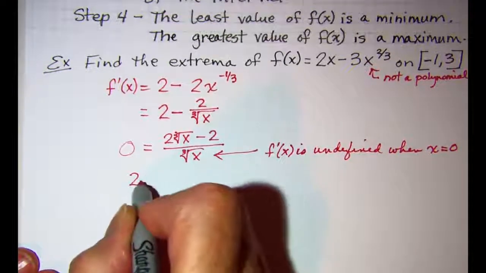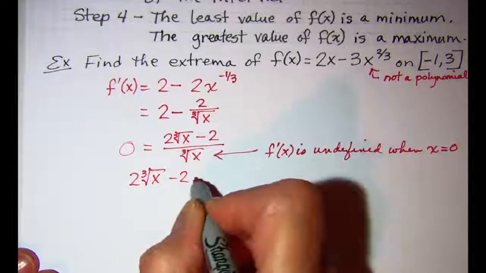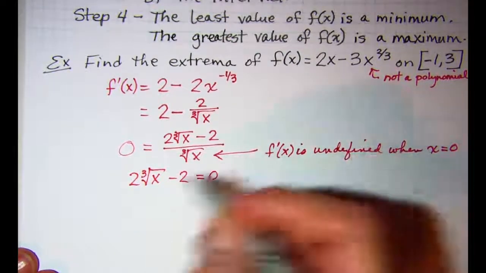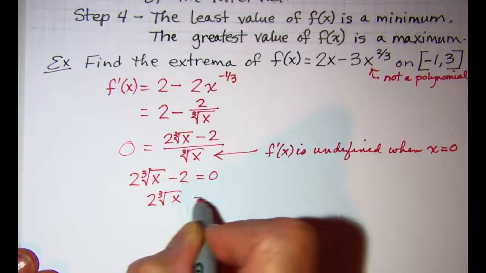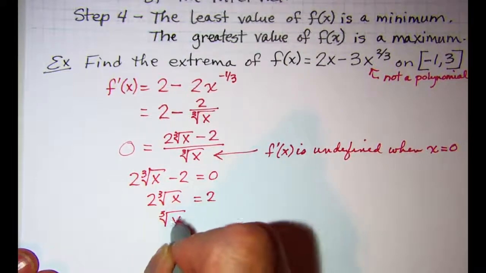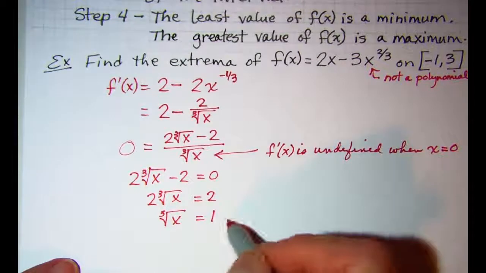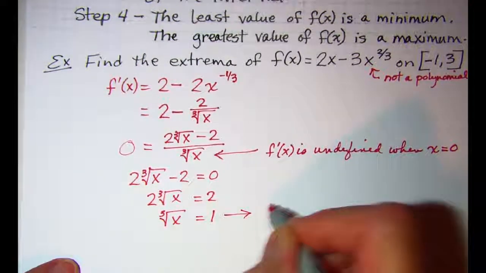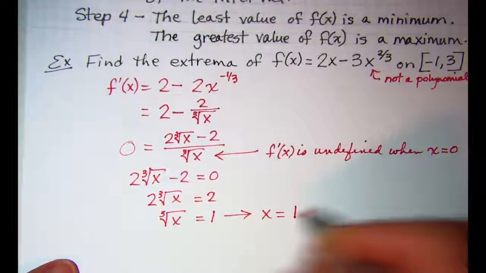So 2 cube root of x minus 2 is equal to 0. 2 times the cube root of x is equal to 2. Which means cube root of x is equal to 1. So then if we cube both sides, that gives us x is equal to 1 cubed, which is 1.